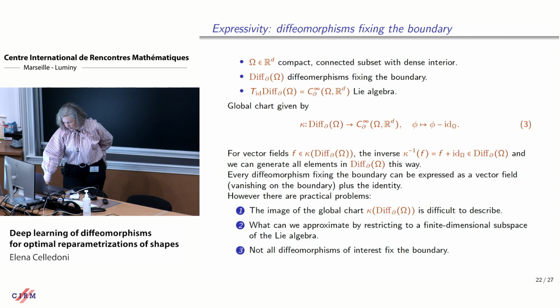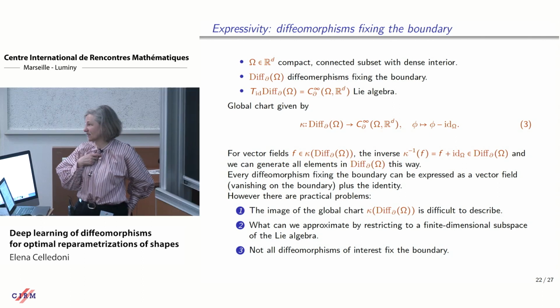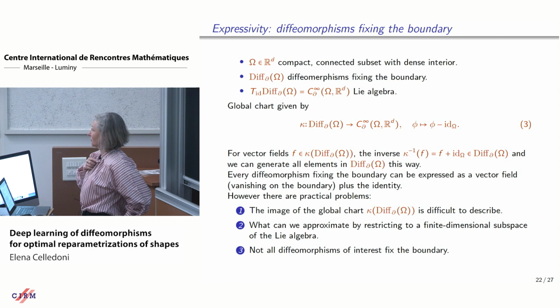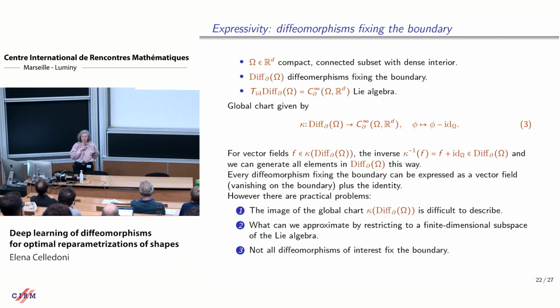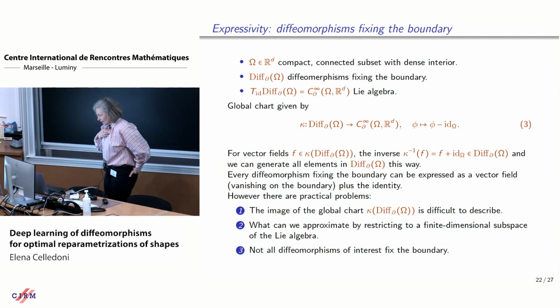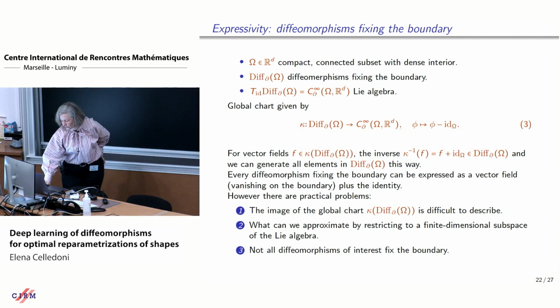So it's difficult to describe. There is this fact that we are going to restrict to a finite dimensional subspace of the Lie algebra and not the whole Lie algebra. And of course, not all diffeomorphisms of interest are of this type.